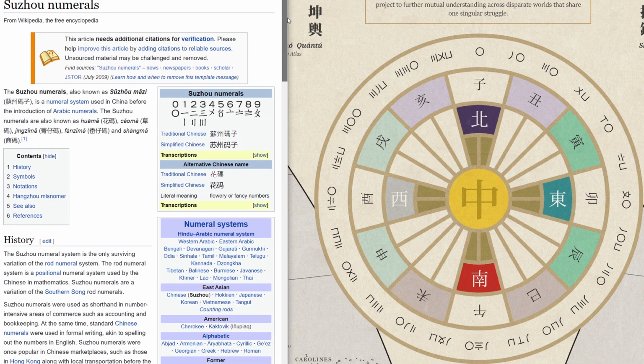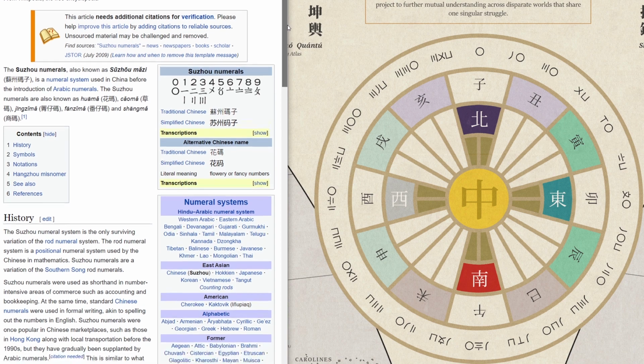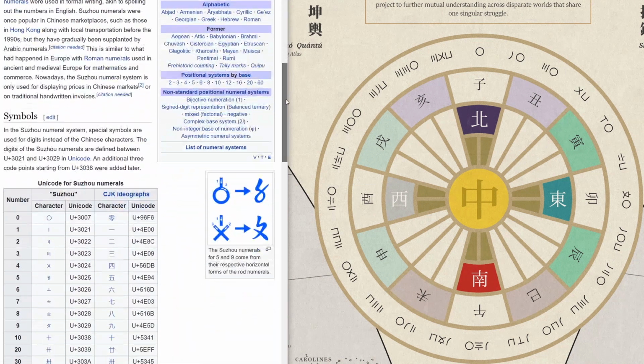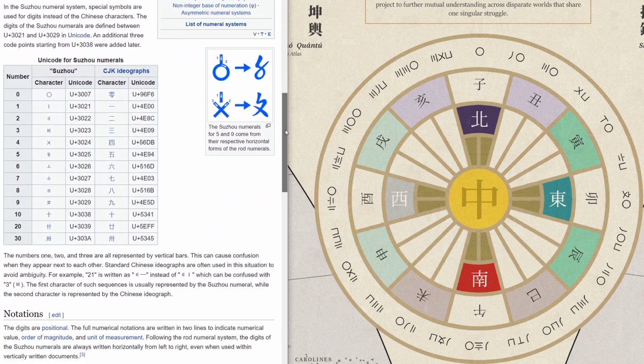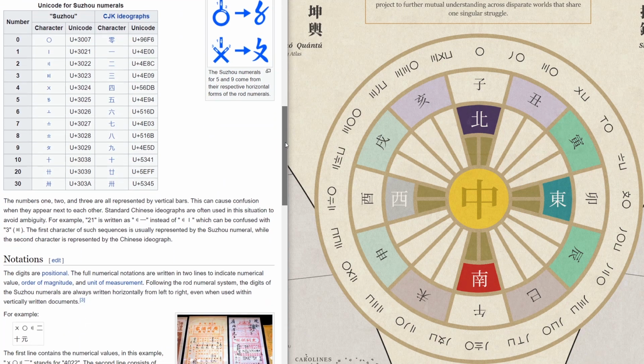And it has the same benefits as Arabic numerals compared to Roman numerals. Roman numerals, you have a character for 10. Chinese characters, traditionally, you have 1 to 10 to 100. There's a character for each one. There's a character for 10, and then you add another character beside it.